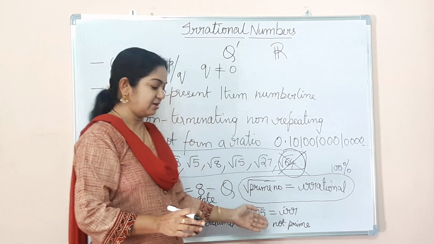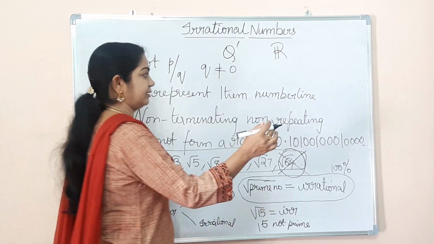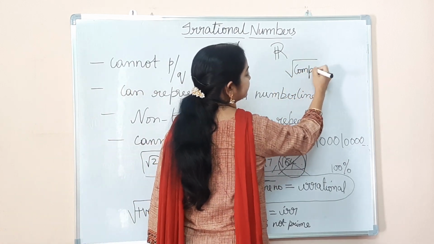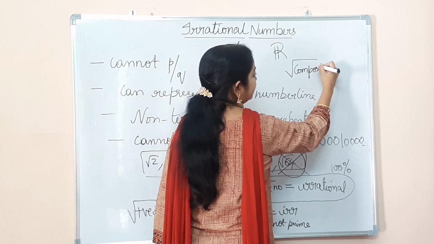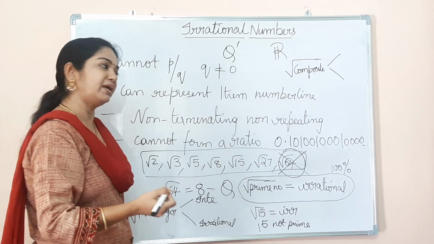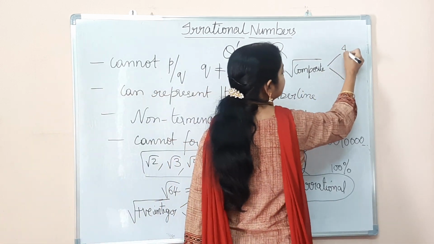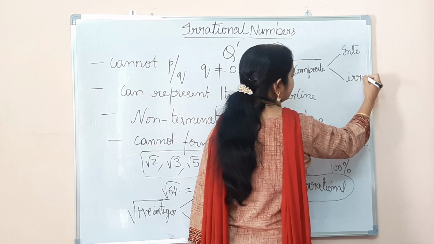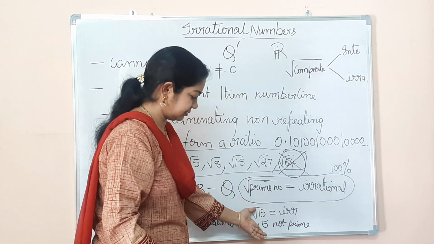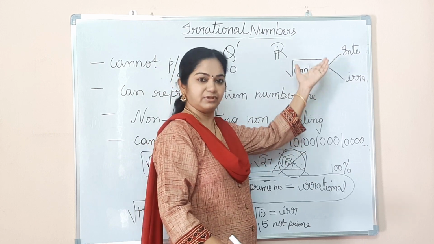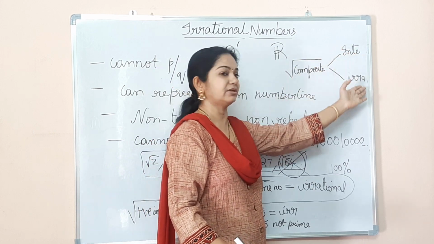It is a composite. From this we can conclude that if I take a composite number, the square root may be an integer or irrational.